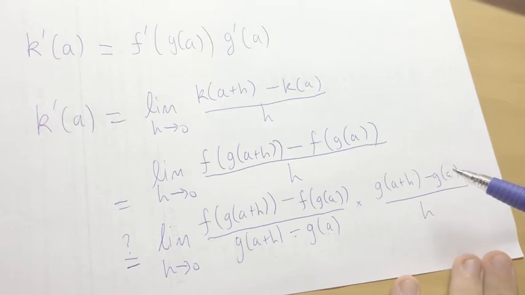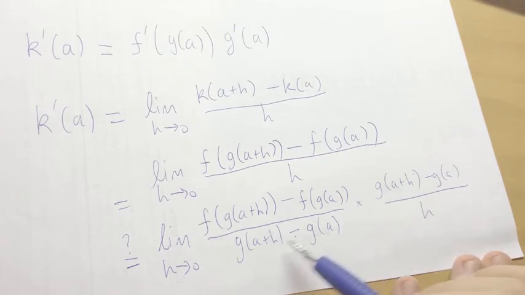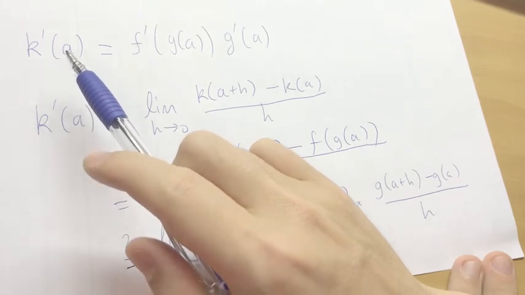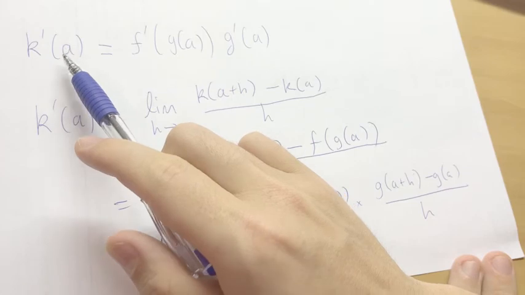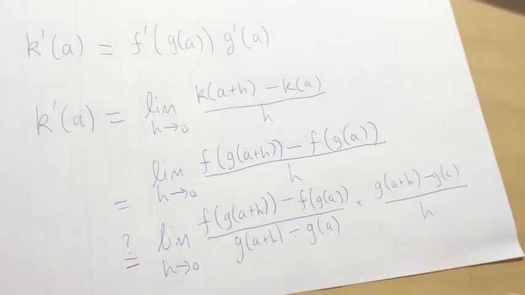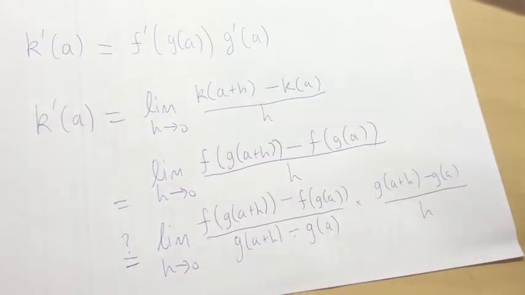So if we know the limit exists, and such a sequence of h's giving you zeros exists, then the left hand side is equal to 0 and the right hand side is equal to 0. So the formula holds.